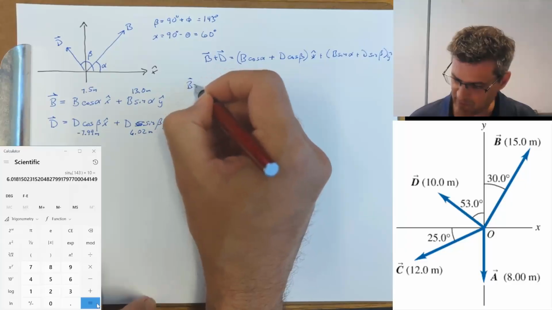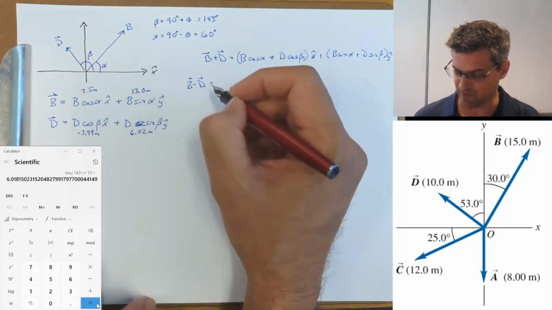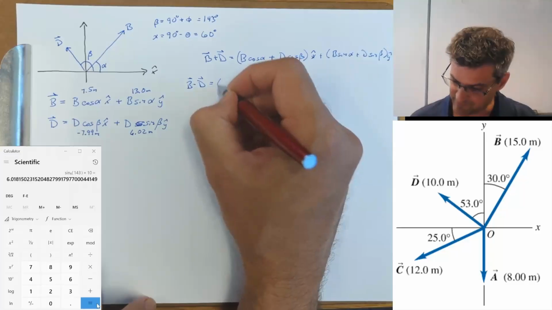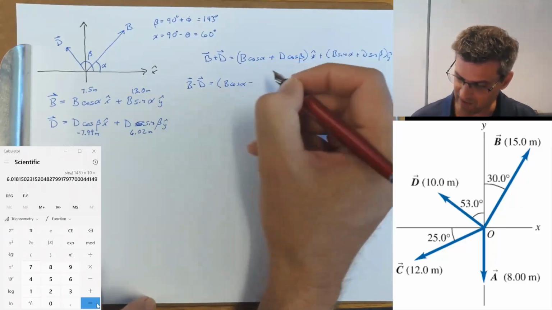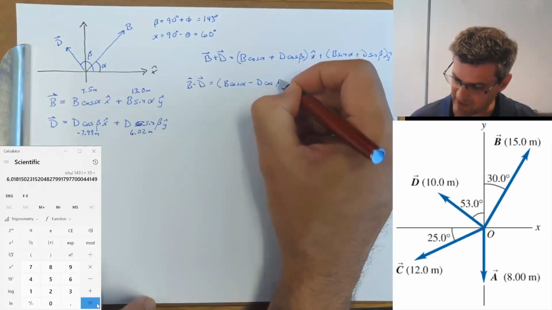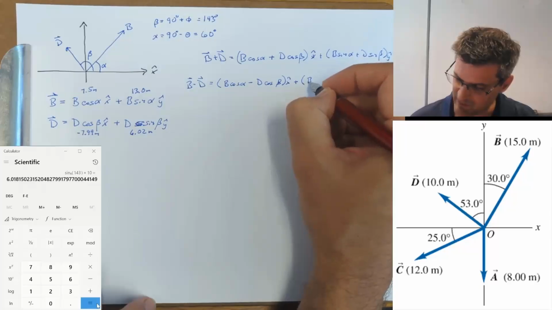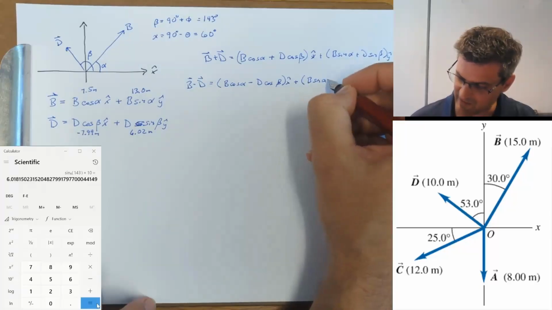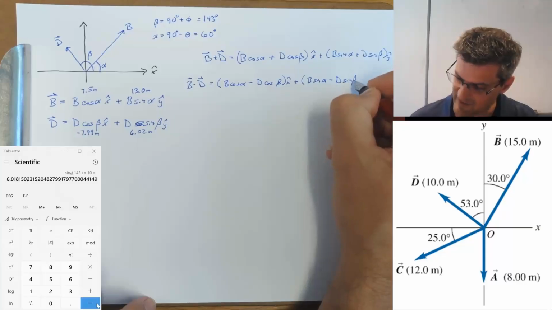Well, what about b minus d? The same kind of thing that we did before. But now this will be b cosine alpha minus d cosine beta, b sine of alpha minus d sine of beta.